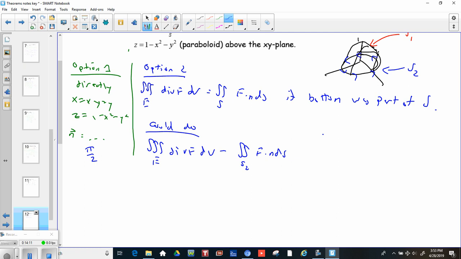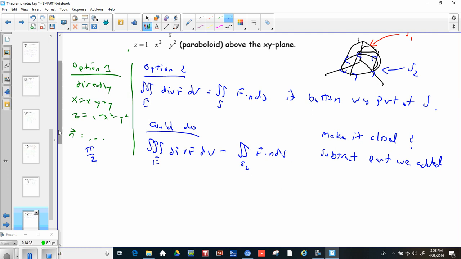What we're doing is making it closed and subtracting the part we added. And again, this is just another method, another way to do it.